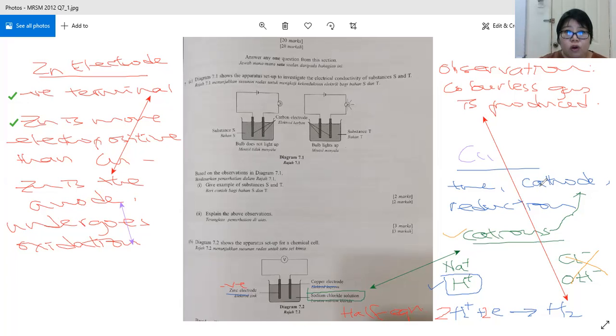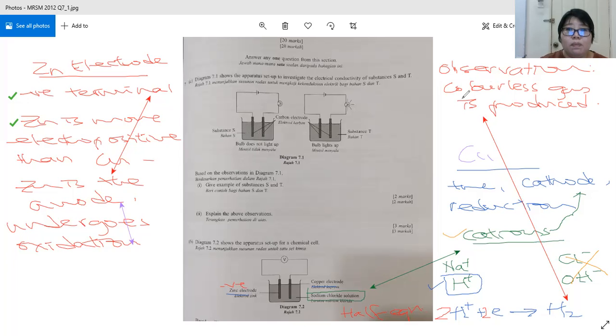Because of the cathode, the ions will be attracted to it. So from there, we select the ion which is selectively discharged. How to determine, for those who have forgotten, we look for the ions located at the lower position in the electrochemical series. Then you write the half equation, and from there you relate to the observation.